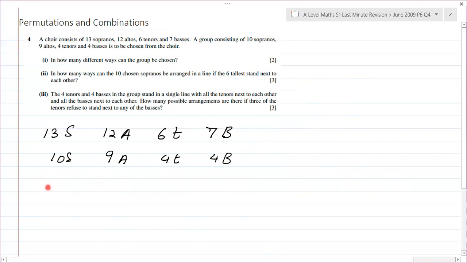In how many different ways can a group be chosen? So this has to be C. We just put a C over here. 13C10, 12C9, 6C4, 7C4. Multiplied, and that should give us the answer. Let's see what the answer is.